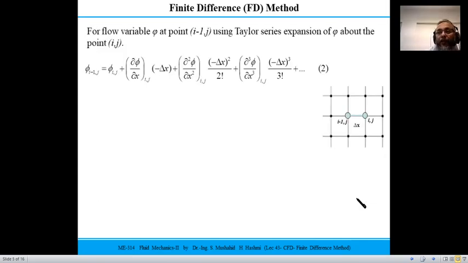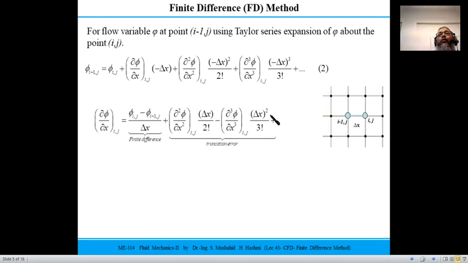Same thing, if I am interested in using information about the point behind i comma j, that is the backward point i minus 1 comma j, I expand the Taylor series accordingly. So I now have one term negative, one positive, one negative, and so on.